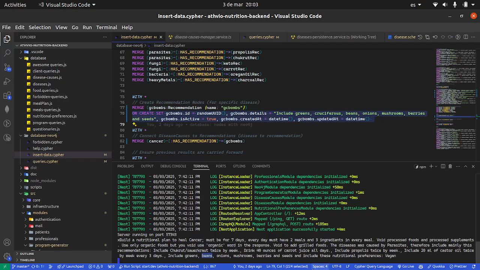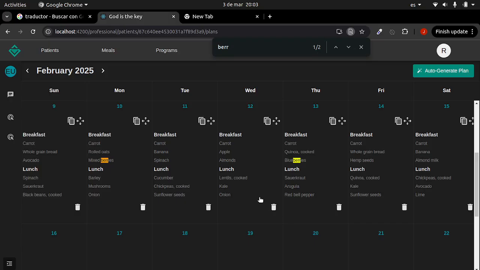As you can see, ChatGPT was creating not so bad a plan. It includes at least some potent anti-cancer foods, onions.